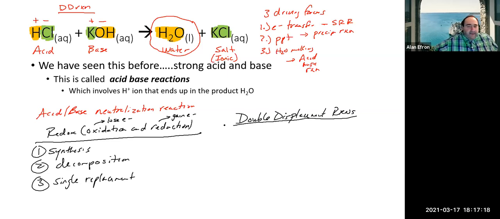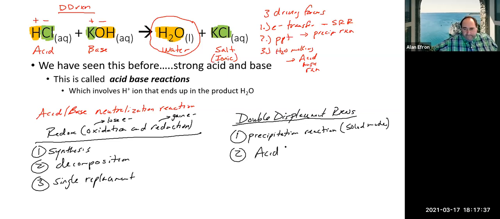And underneath this big umbrella are the two kinds of reactions we just saw. A precipitation reaction, which is still a double displacement reaction, just means that we formed a solid. And an acid-base reaction usually means that we made water.